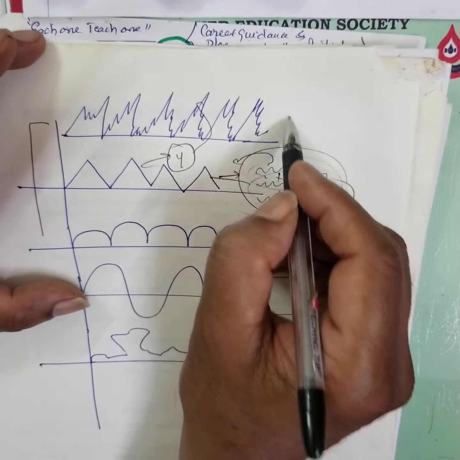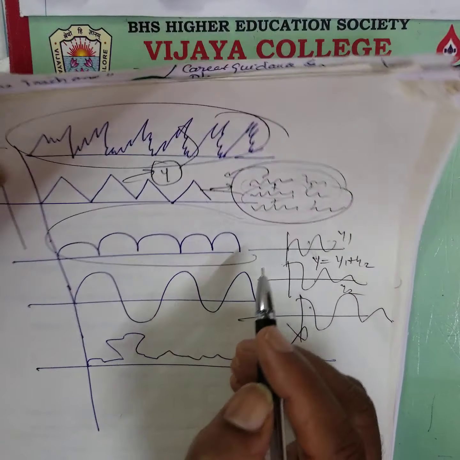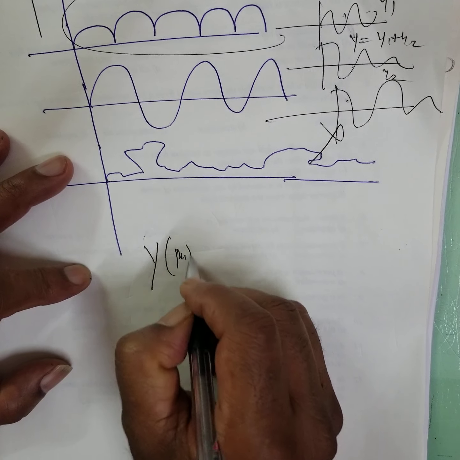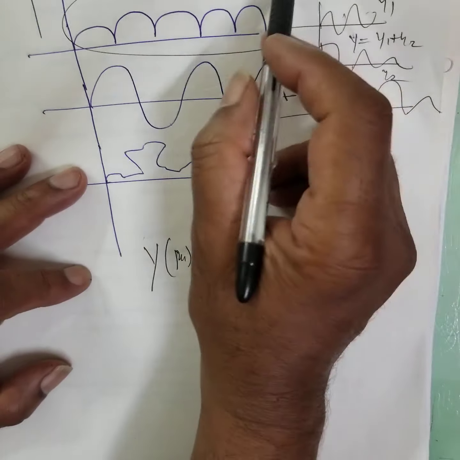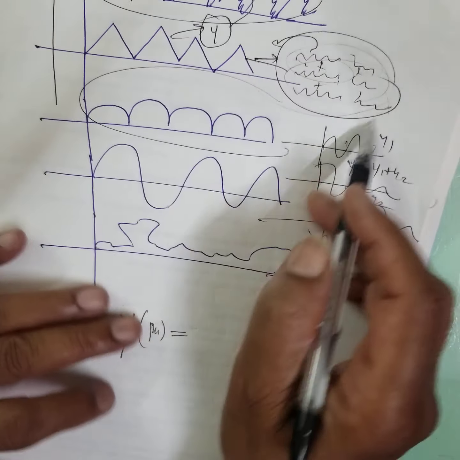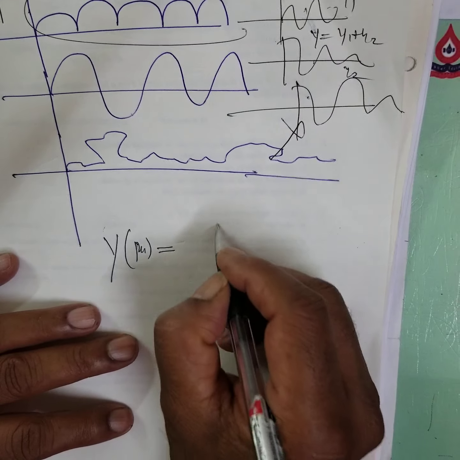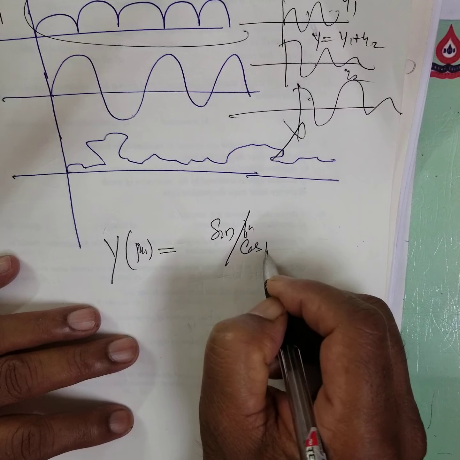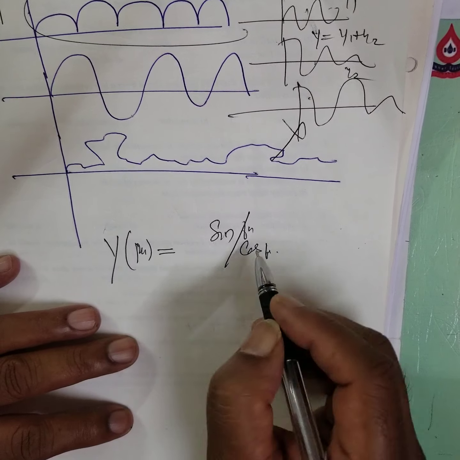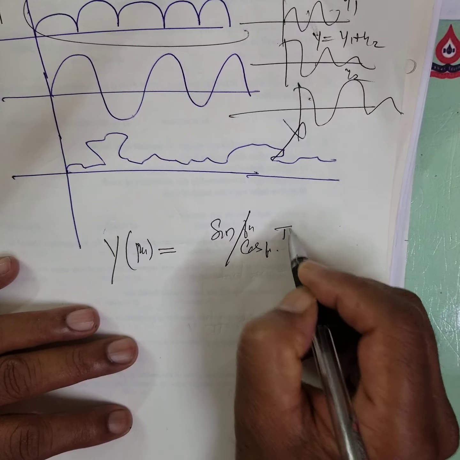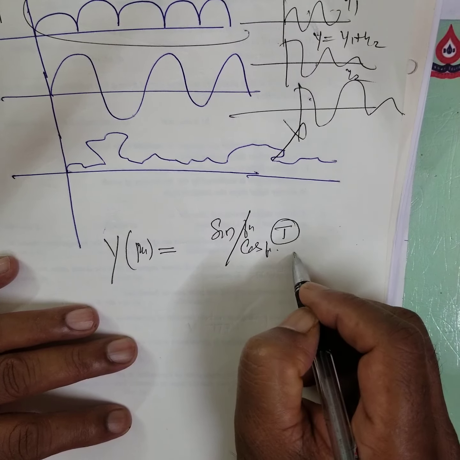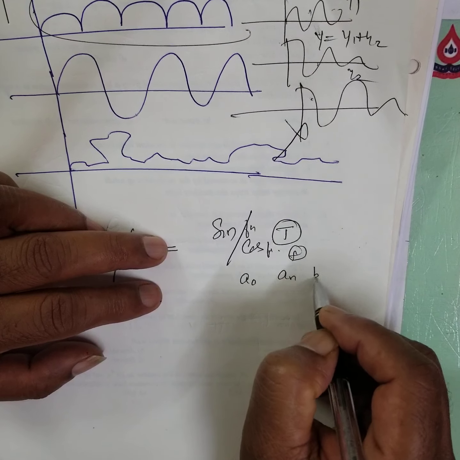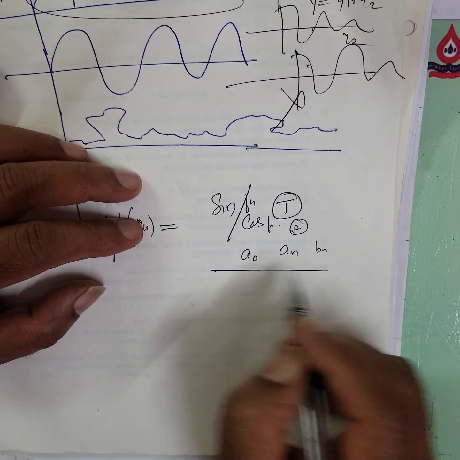Similarly, any periodic function can be expressed as a superposition. Superposition means combination. A superposition of sine and cos functions with different periods, that means different periods or frequencies, with suitable coefficients a naught, an, bn. This is stated by Fourier.